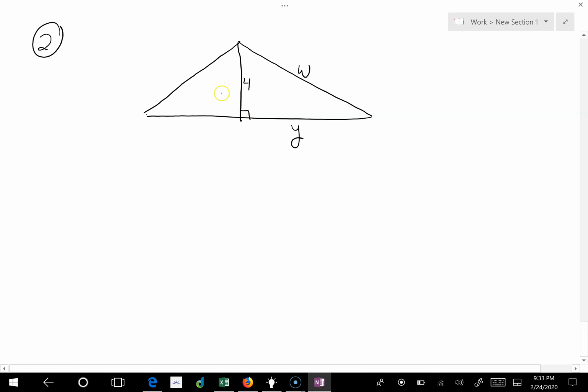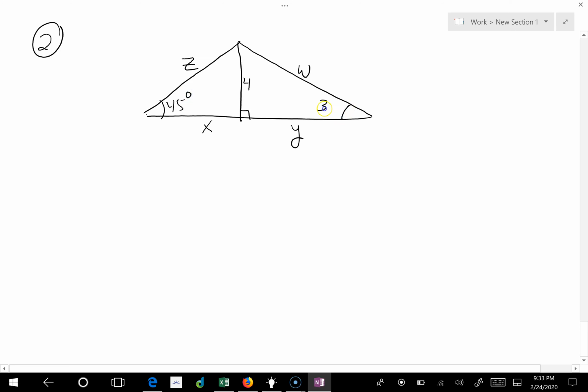Number 2, it's given 2 triangles in fact. It's one triangle but divided into 2. So this one is 4, W, Y, and then Z, X, and 45 degrees.